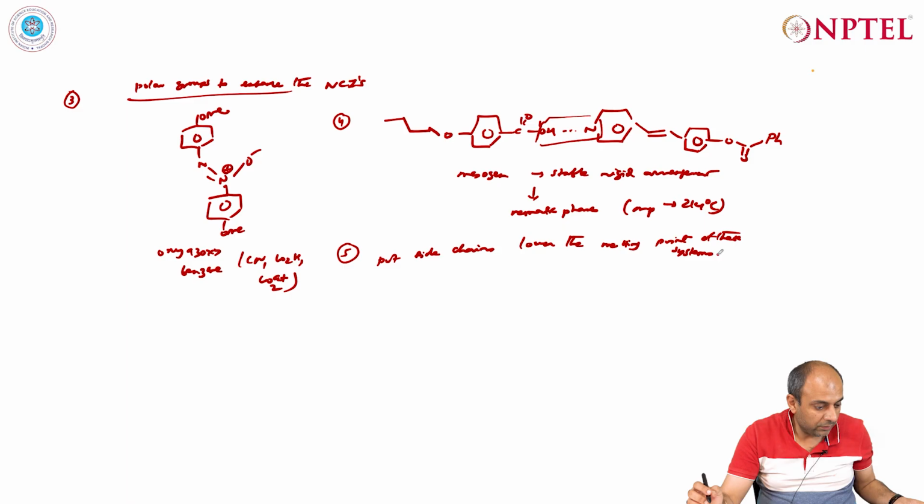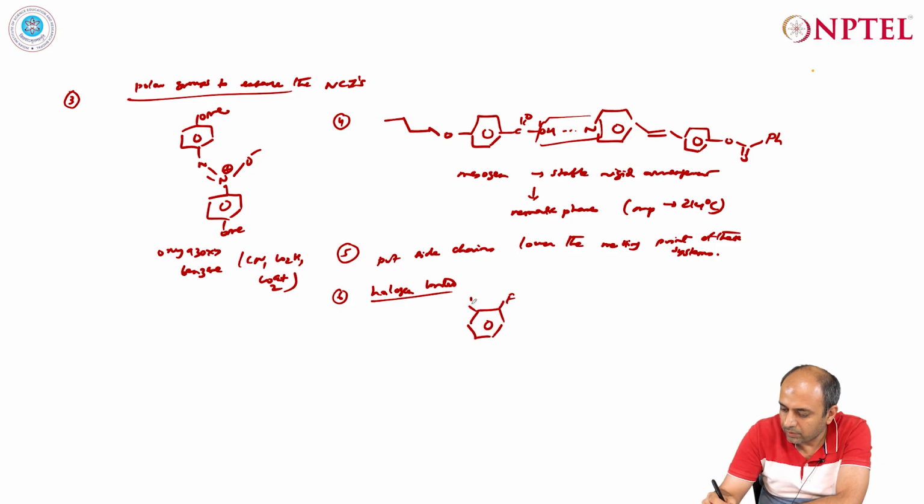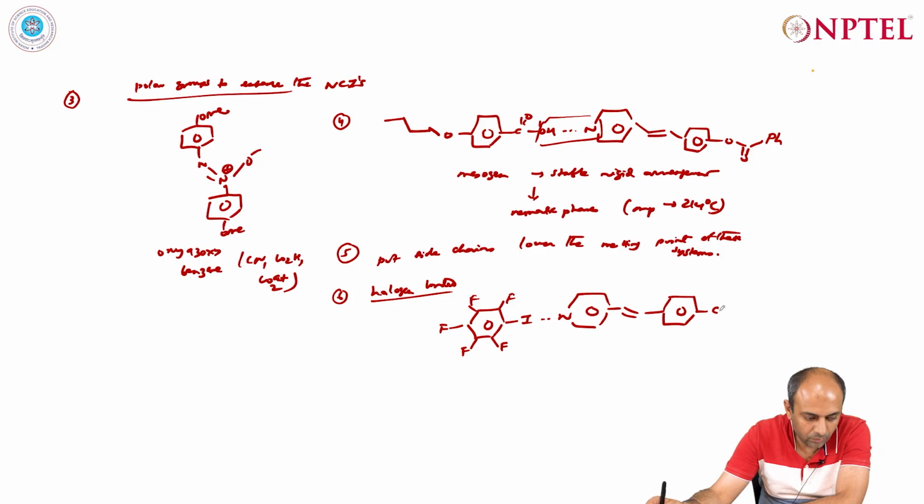So overall, we have seen that there are many interesting examples, okay, and we can also, for example, in the end consider a halogen bonded system. For example, we can consider a pentafluoroiodo compound. This forms a strong halogen bond with C8H17.